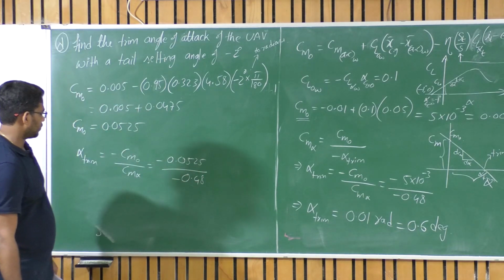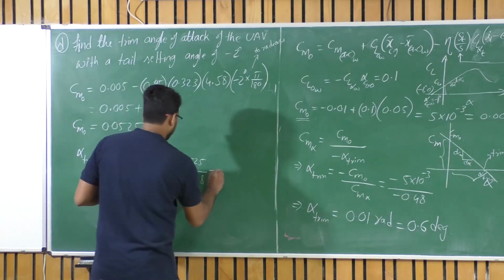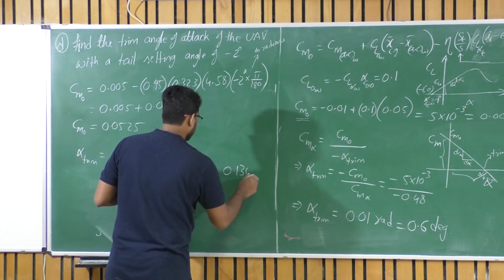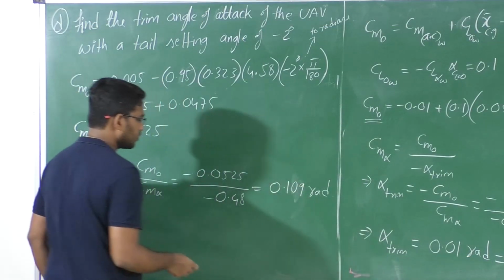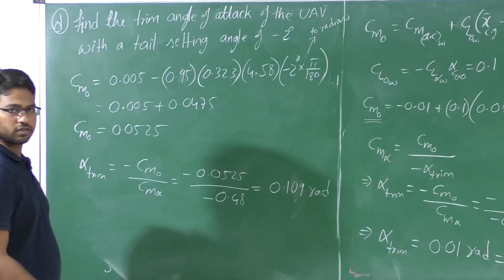This gives 0.109 or 0.11 radians, which is approximately 5.7 degrees or 5.6 degrees.